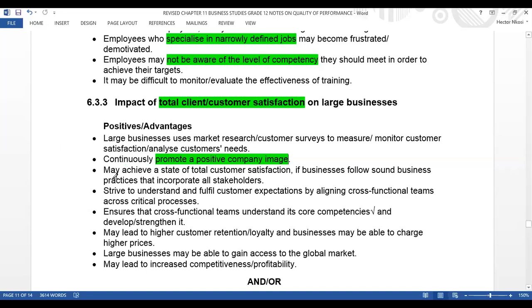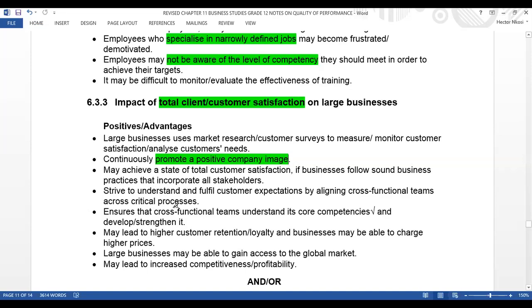Also, boys and girls, we know that your customer satisfaction may achieve a state of total customer satisfaction if the business follows sound business practice that incorporates all stakeholders. This point is also important, guys. Please make sure that you understand it.